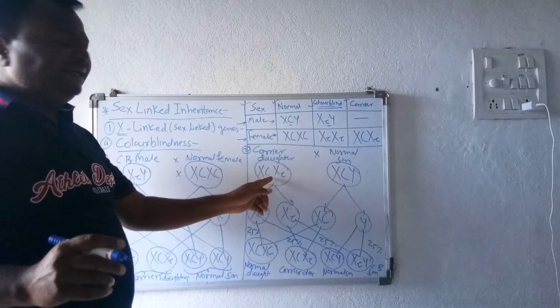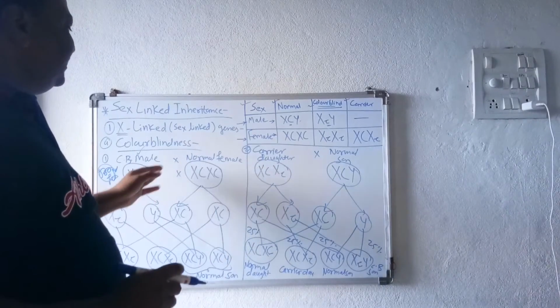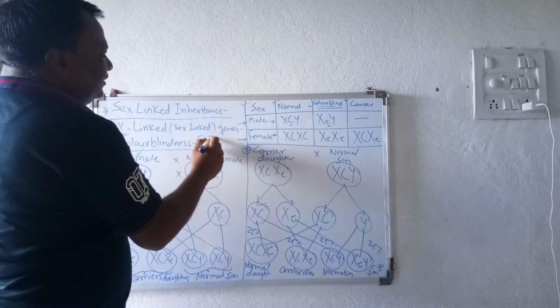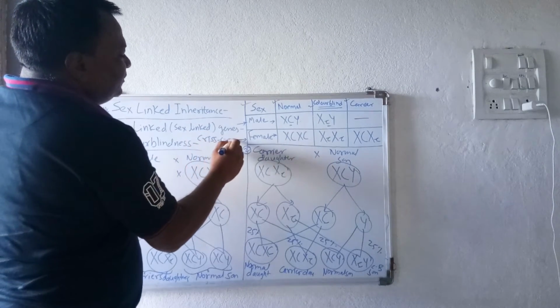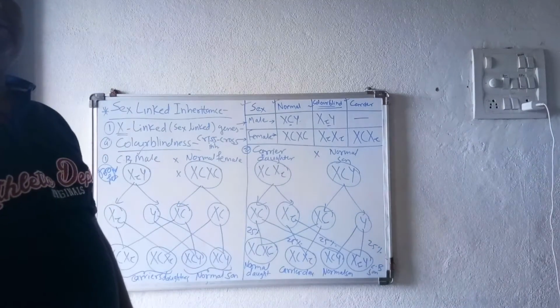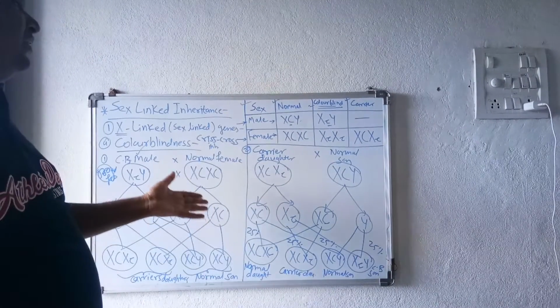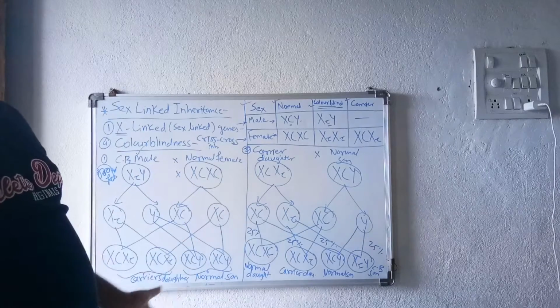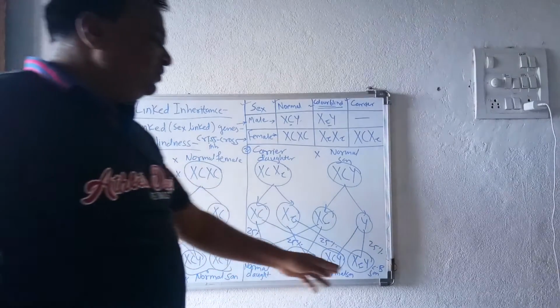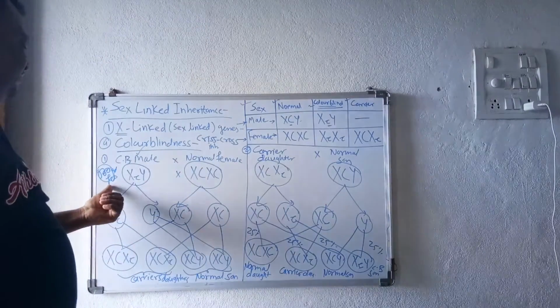Here this one generation gap is seen, and as a result such an inheritance pattern is also called criss-cross inheritance. Here after a gap of one generation, this defect, color blindness, gets inherited to the grandson from his grandfather.